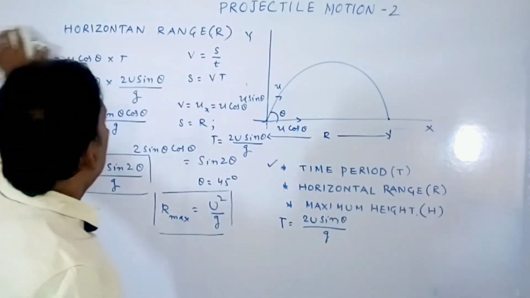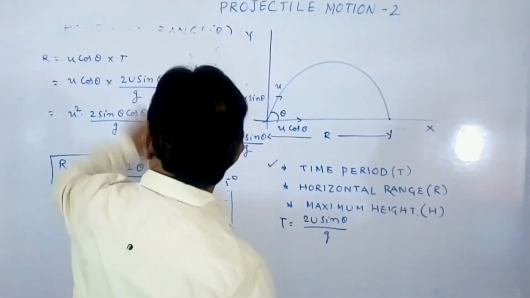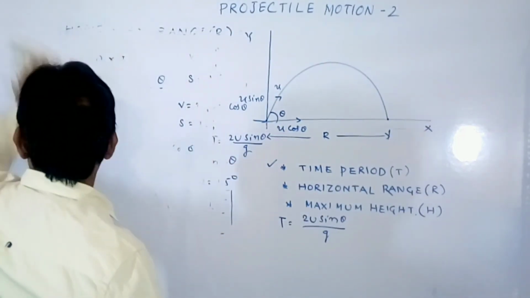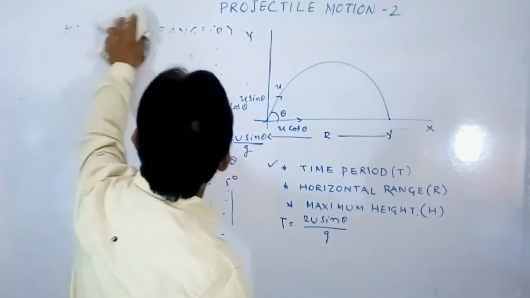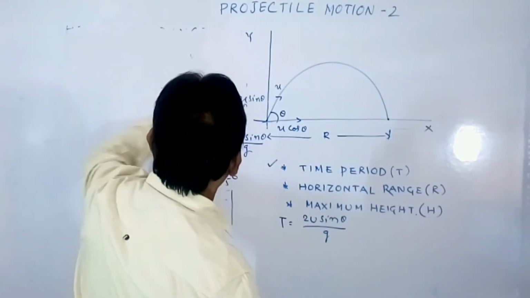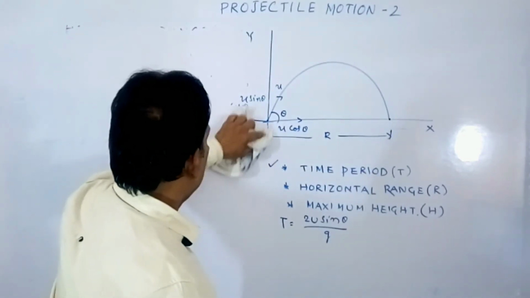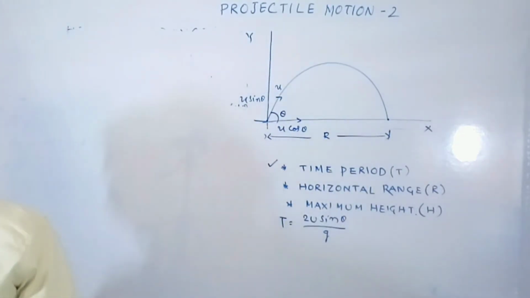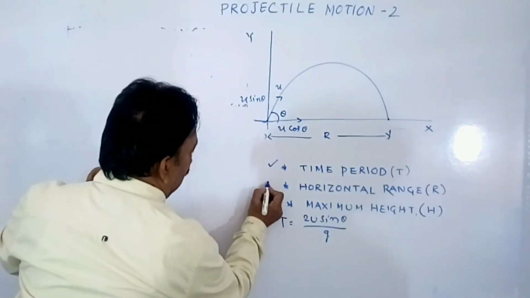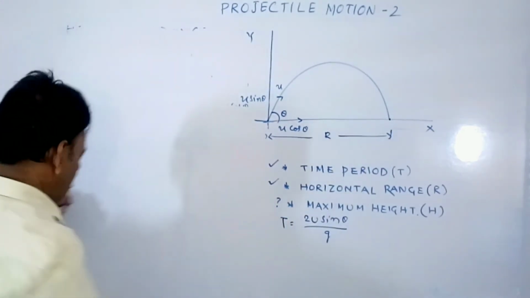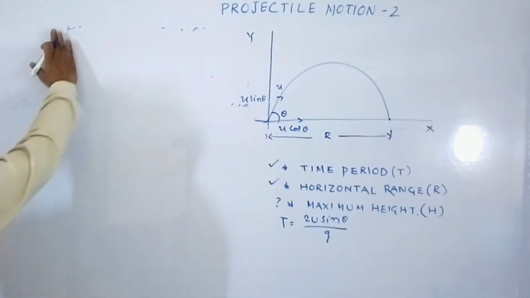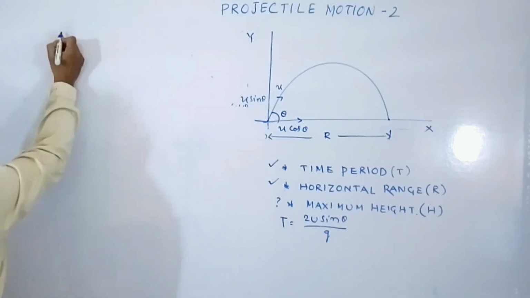Okay, horizontal range is completed, and finally we have to think about maximum height. The range is over. Now we are going to do maximum height.